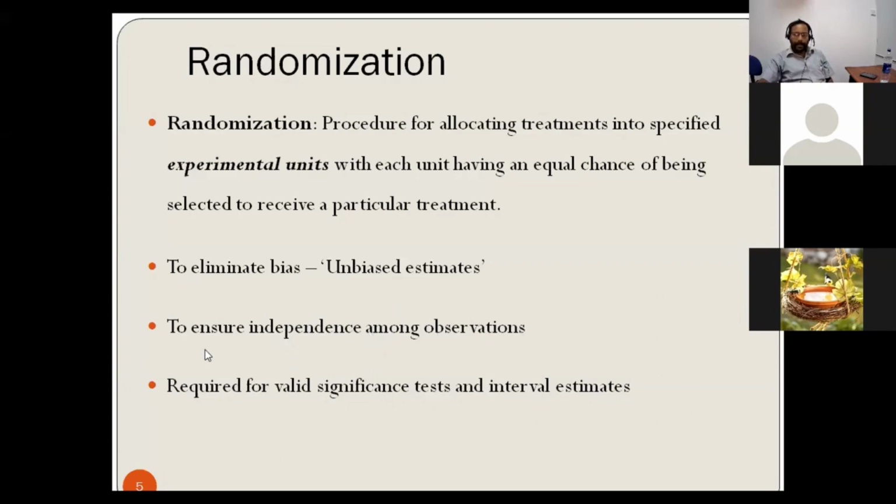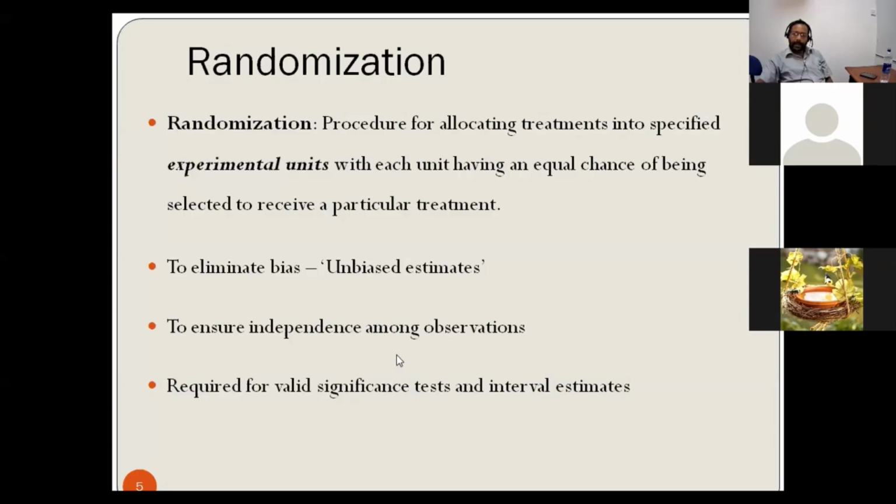Independence among the observations is, at last, required for valid significance tests and interval estimates. Later we will see how we can do the significance test. Already in our previous course we have done the t-test, one sample t-test, two sample dependent and independent t-test.